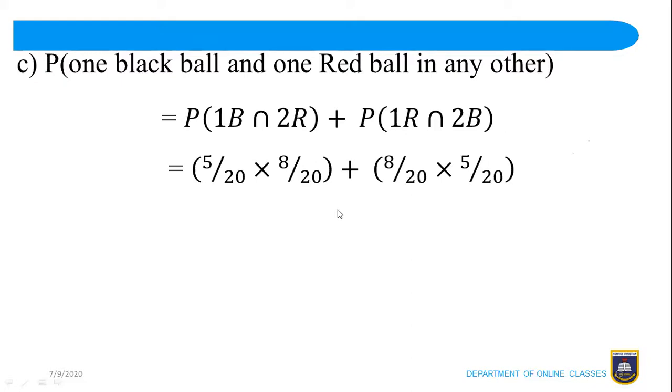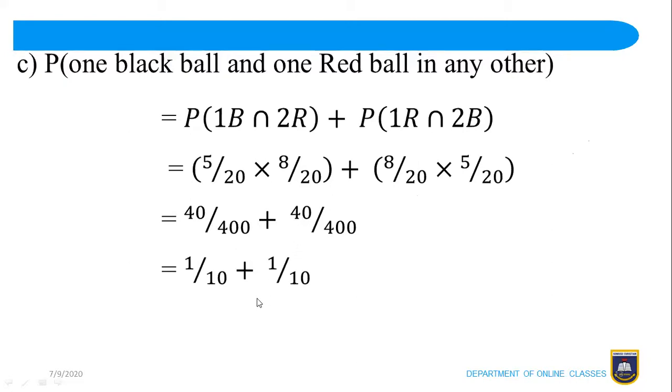So anytime you select and replace, the total number of that colored balls will be the same, and the total number of balls in the bag will also be the same. Now, if you simplify the expressions there, we have 40 over 400 plus 40 over 400. So these two expressions will now give us 2 over 10. That is the solution to the question.